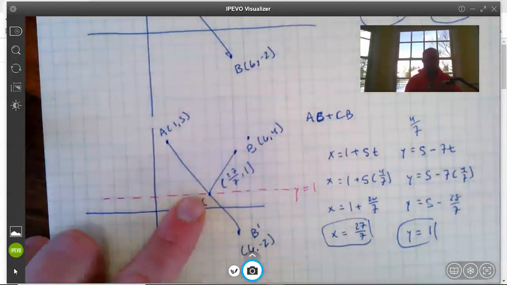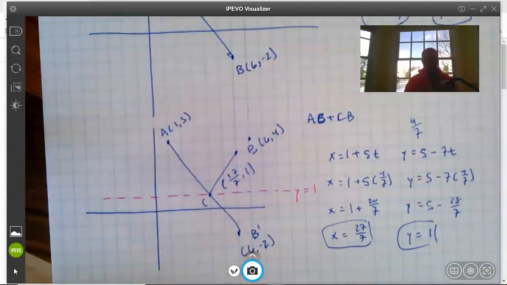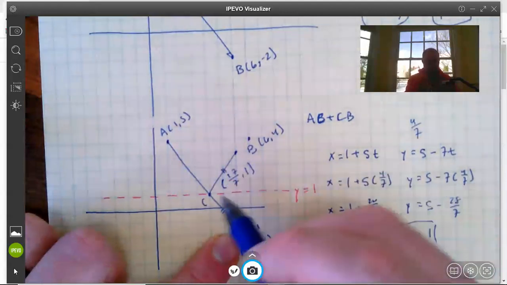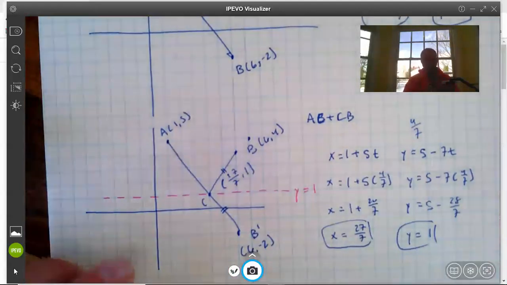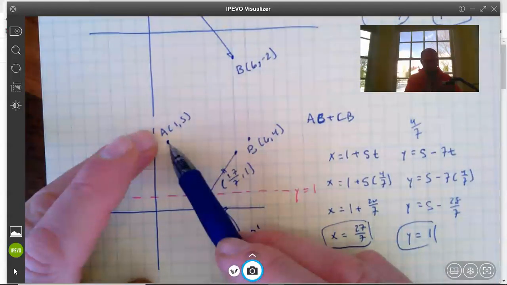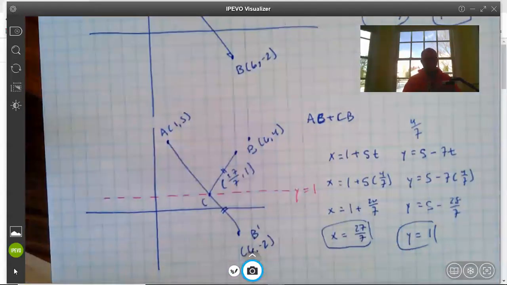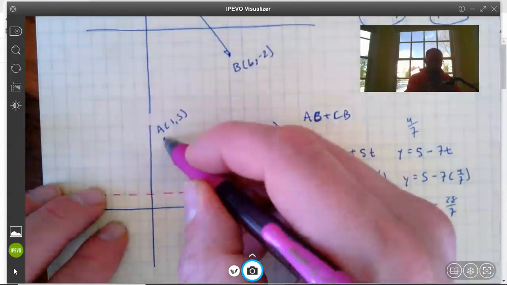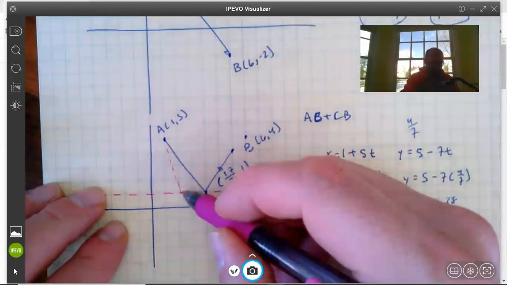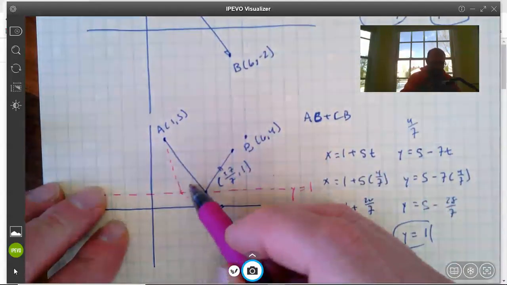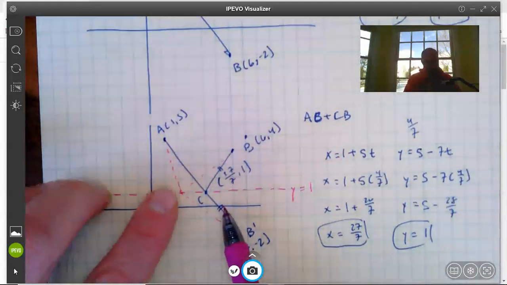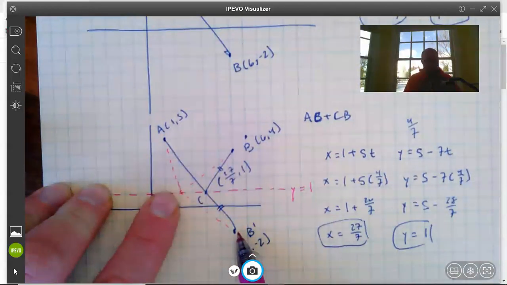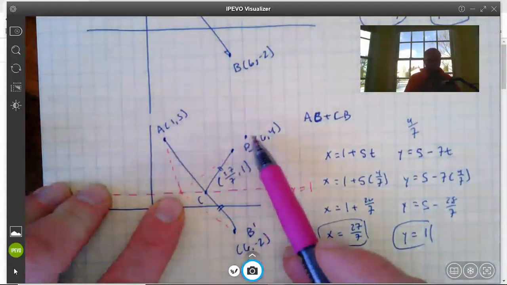So if I want to travel from A to C to B prime, C needs to be right here, right in between A and B prime on a straight line. But since the distance from C to B prime is the same as the distance from C to B, C is also the point where I travel down to the line and back up and make it as short as possible. If I put C someplace else, like over here, the distance from A to C to B prime is longer than it would be if it were here, which means the distance from A to C to B is also longer.